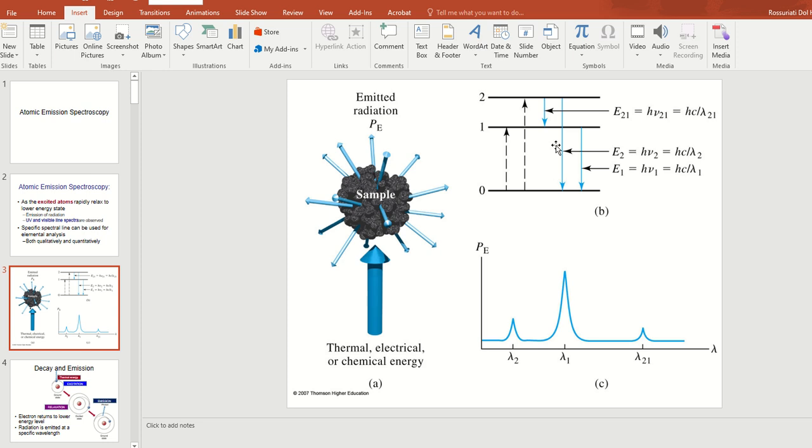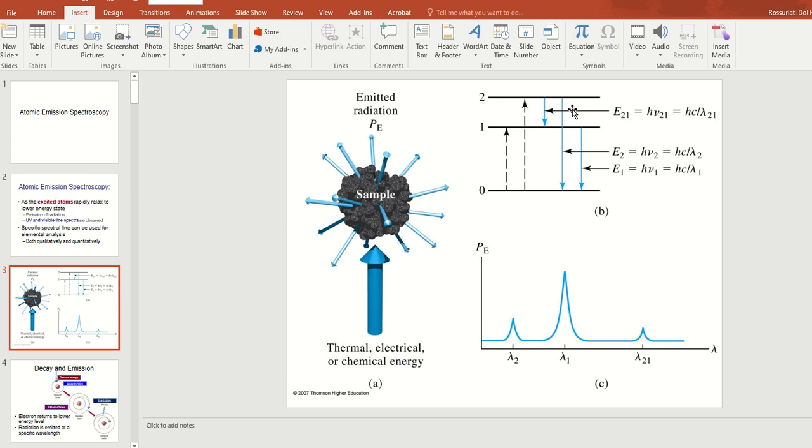By releasing energy, by producing radiation, we call it emission radiation. So these are the phenomena in atomic emission spectroscopy. This arrow explains the emission process. The radiation that is emitted, let's say in this slide there are three arrows.